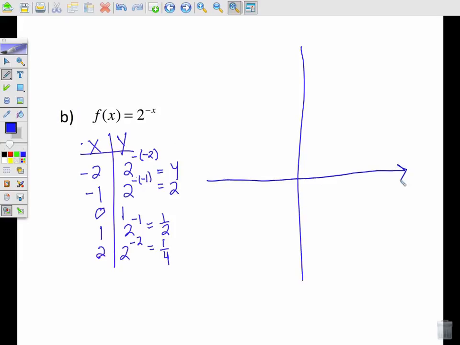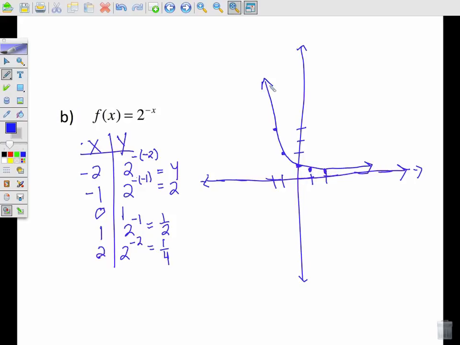I do know that I have a horizontal asymptote at y equals 0. So if you want to place those asymptotes in there, that will help with the curve of your graph. And otherwise, you're just going to plot. So we can put in -2, 4, and -1, 2, 0, 1, 1, 1/2, and 2, 1/4, and it just will slowly approach the line y equals 0.